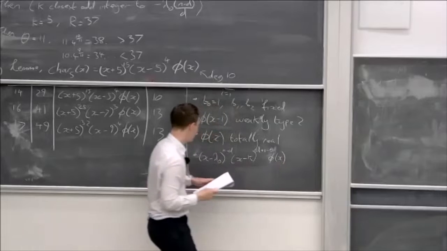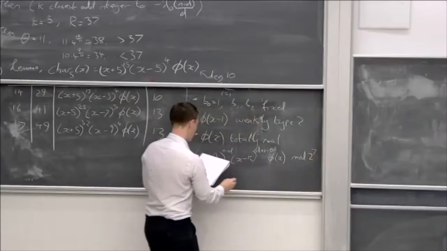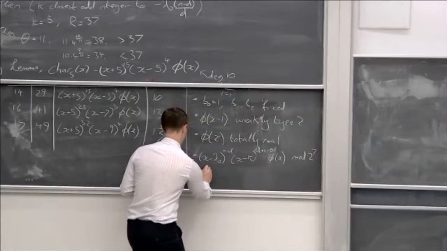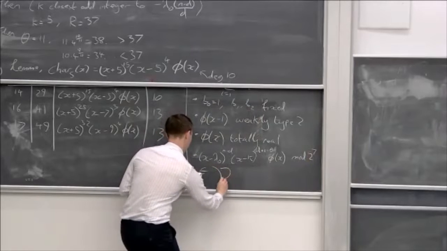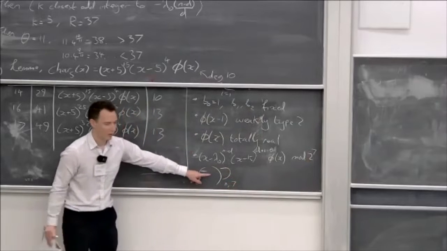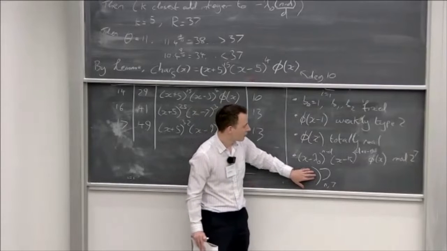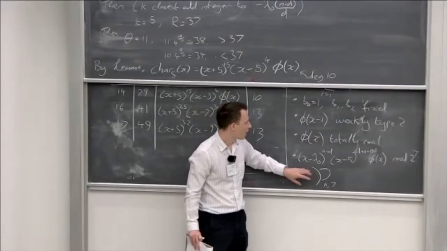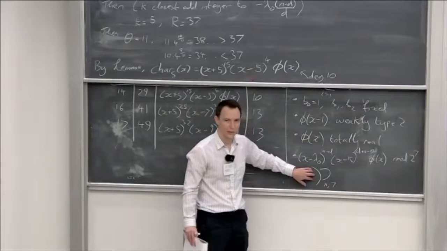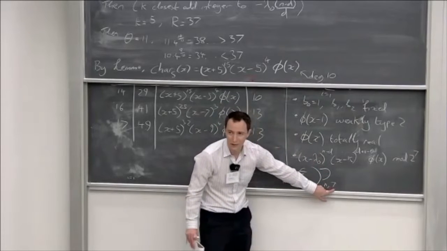If we reduce this polynomial modulo 2 to the 7, then it should belong to this set N7, which is something we defined yesterday. It's all of the possible characteristic polynomials of the Seidel matrices modulo 2 to this one, 2 to the 7.